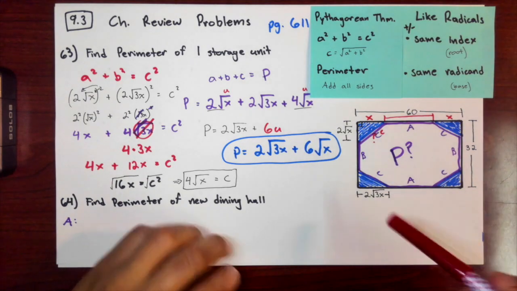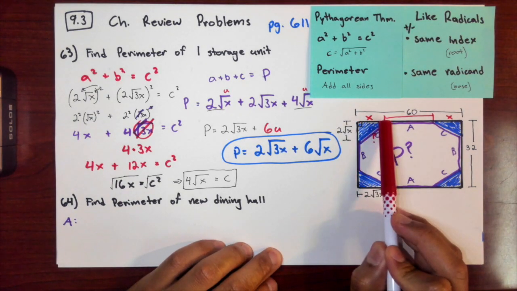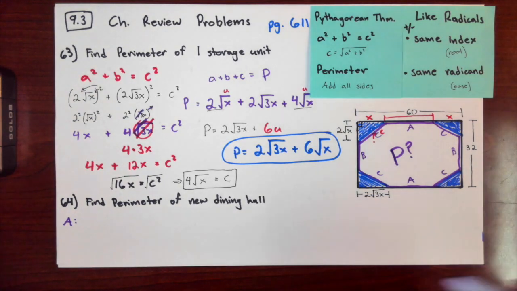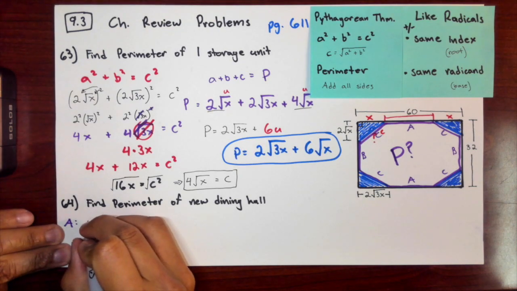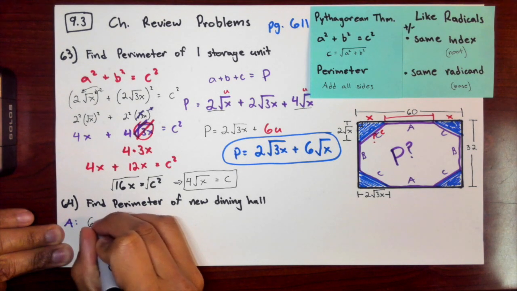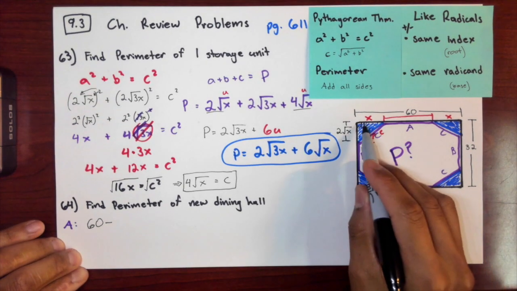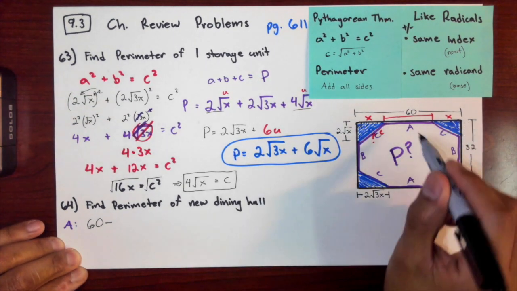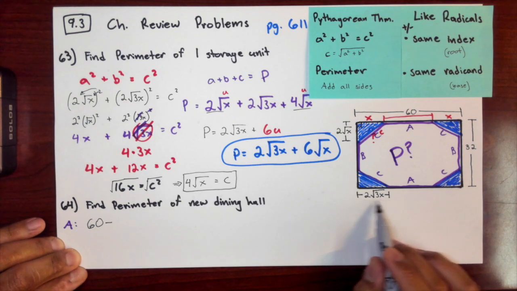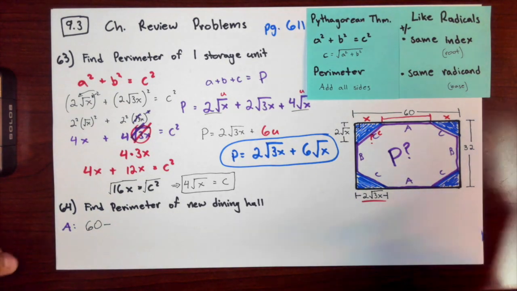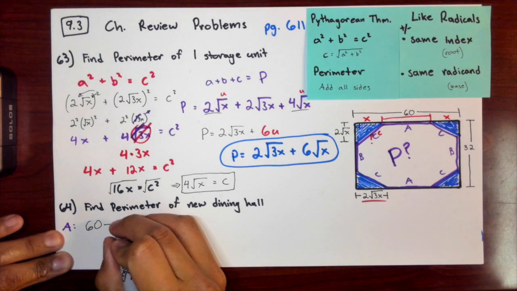So the way to set that up, we know what the length from here to here is. We wrote it down here. So A is going to be 60 minus this length and this length. Since that length is the same, it is this length right here, 2 square root of 3x.